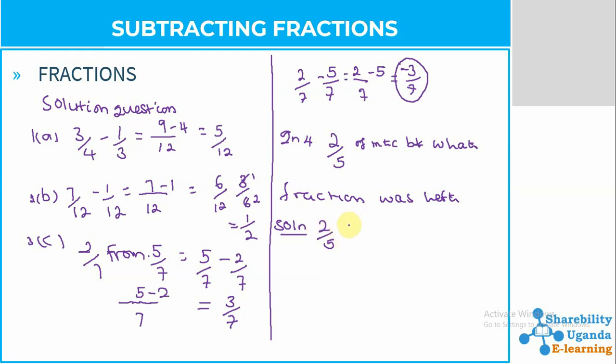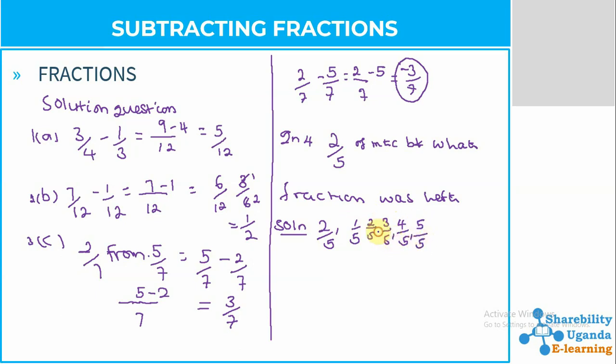We can have 1 out of 5, 2 out of 5, 3 out of 5, then 4 out of 5, then 5 out of 5, until it is done.